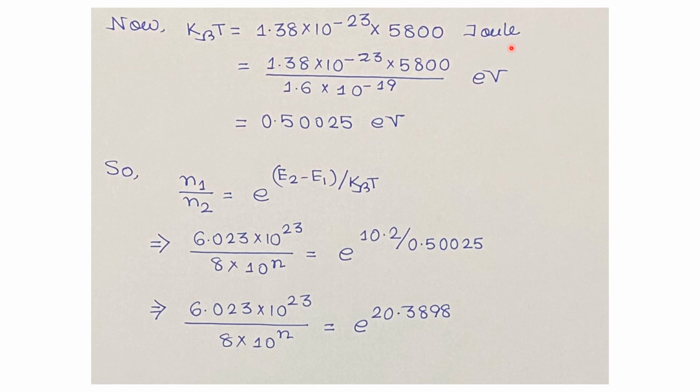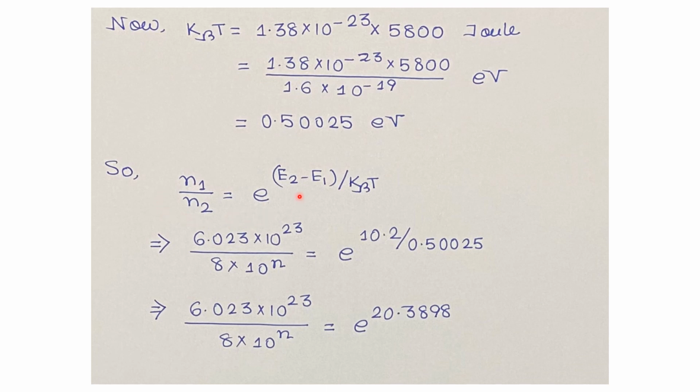To convert it into electron volt, we have to divide it by the electronic charge, that is 1.6 times 10 to the power minus 19. So this kBT value in electron volt will be 0.50025 electron volt.